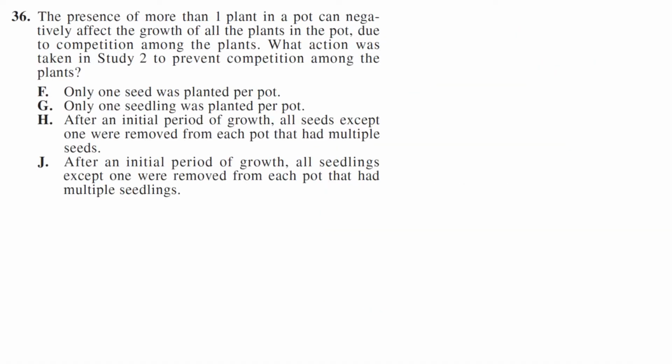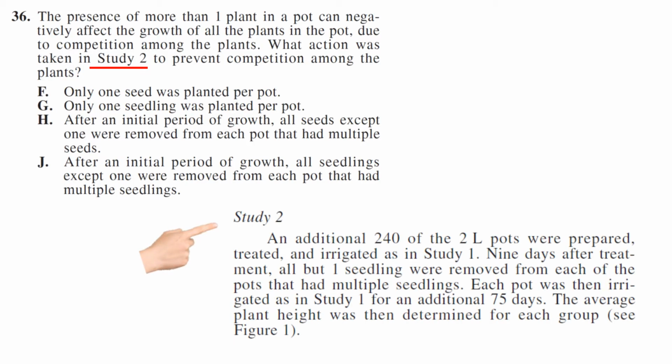The presence of more than one plant in a pot can negatively affect the growth of all the plants due to competition. What action was taken in study 2 to prevent competition among the plants? So what action was taken to ensure there was only one plant? You can hear my dog in the background. So study 2 says all but one seedling were removed from each of the pots that had multiple seeds.